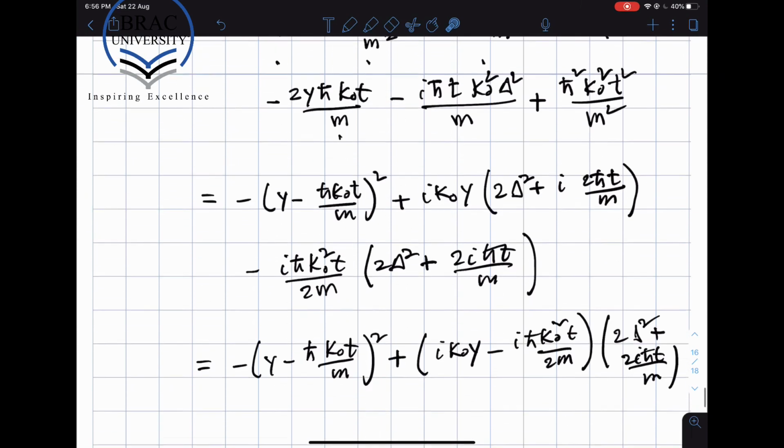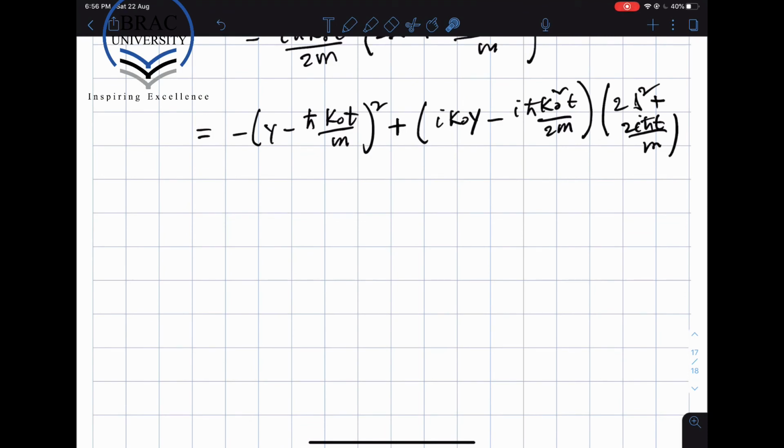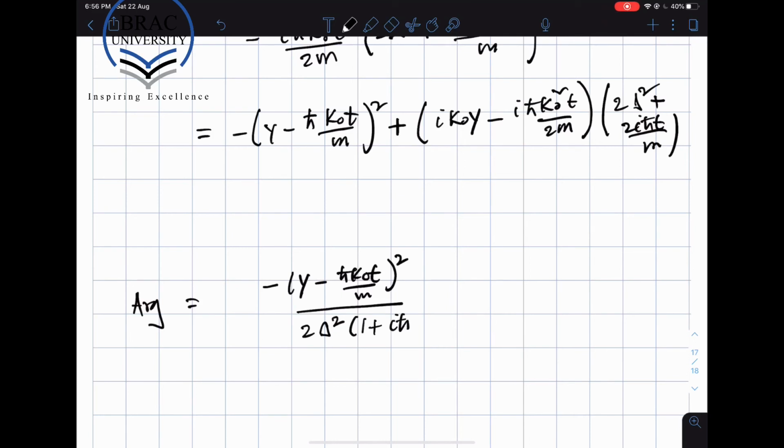So we can write the argument of the exponential to be minus y minus h bar k0 t over m, whole squared, divided by 2 delta squared times 1 plus i h bar t over m delta squared.